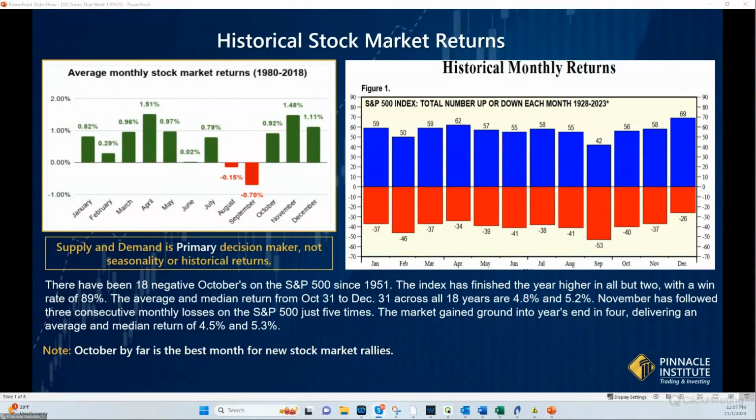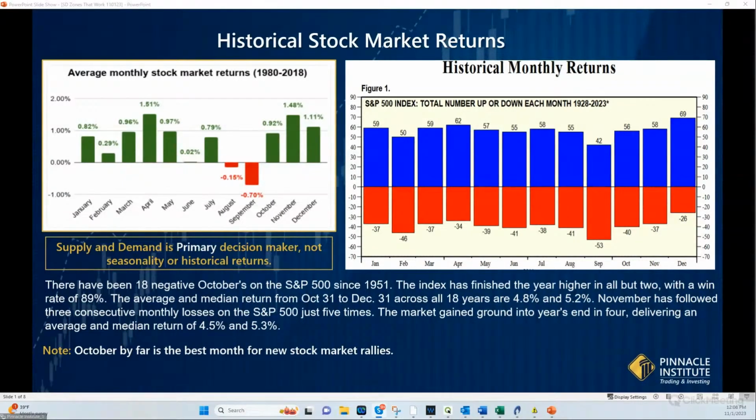So you can see the screen, historical stock market returns. Want to start with this topic real quick. Now, the most important thing about this topic is supply and demand. The supply and demand zones, our structural location analysis, all that really trumps all of this, right?